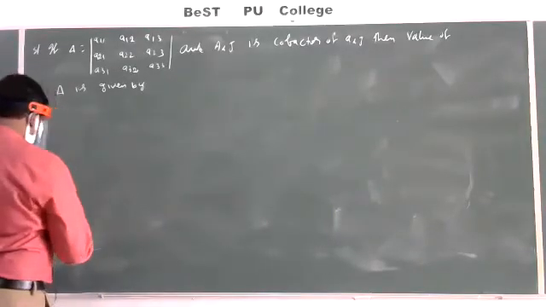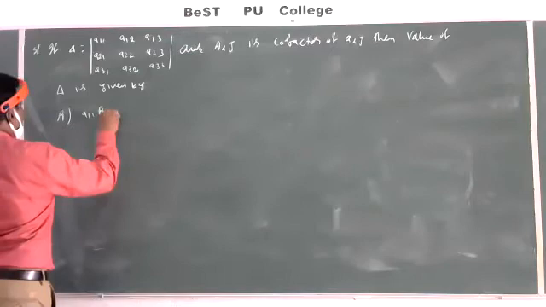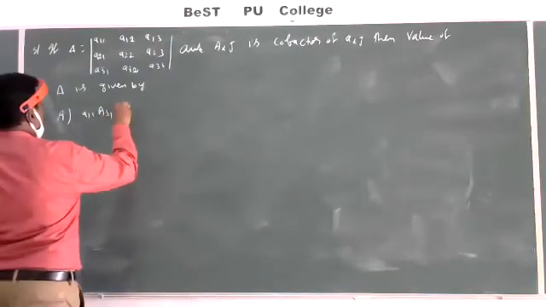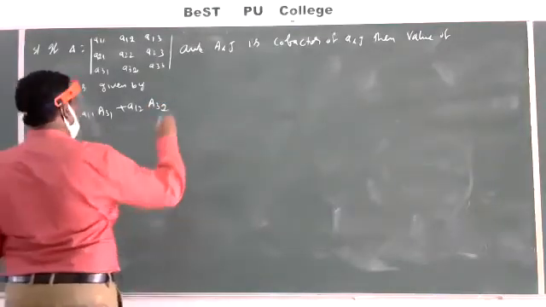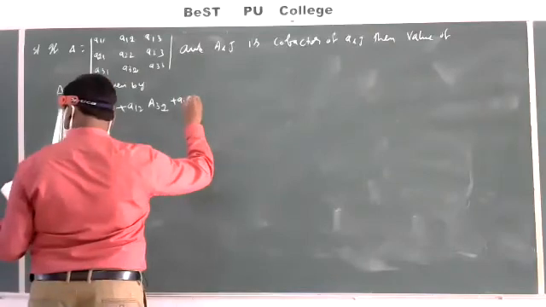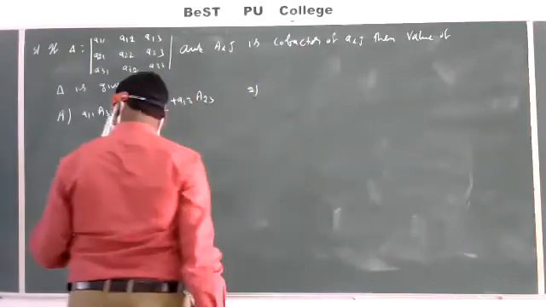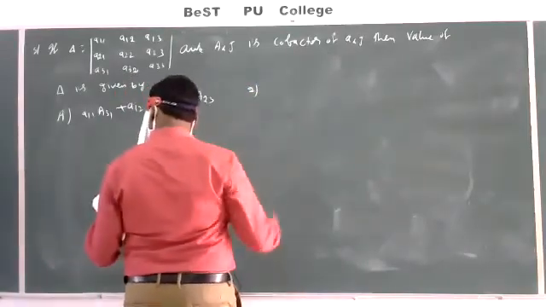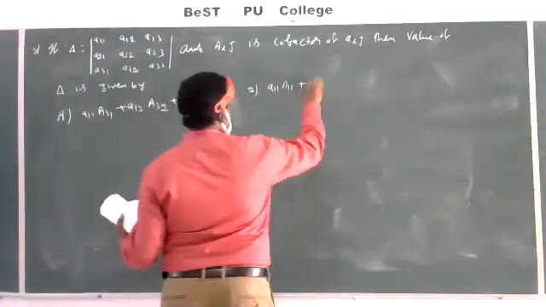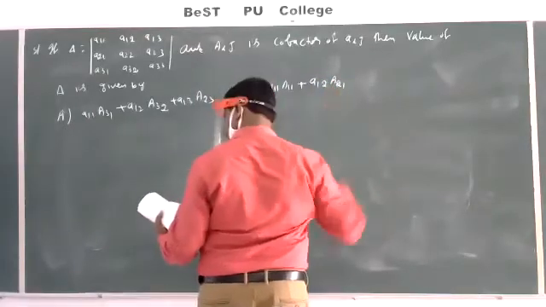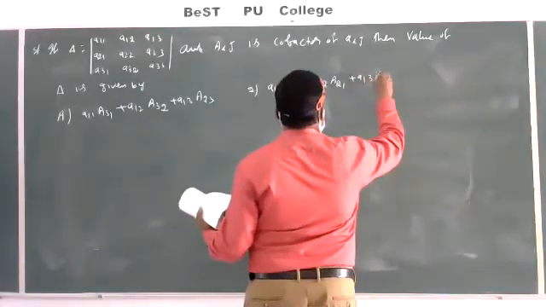Here, option A is given as A11 capital A31 plus A12 capital A32 plus A13 capital A23. Second one: A11 capital A11, A12 capital A21, A13 capital A31.